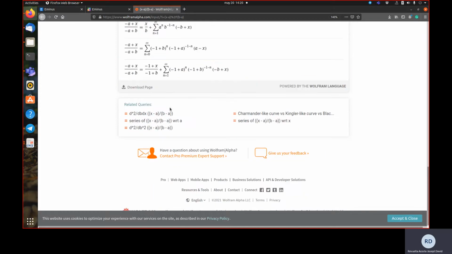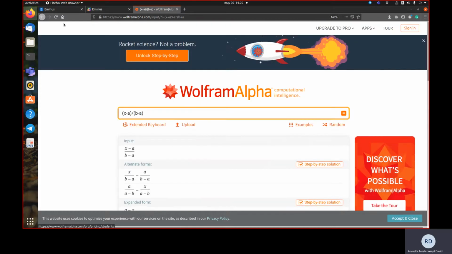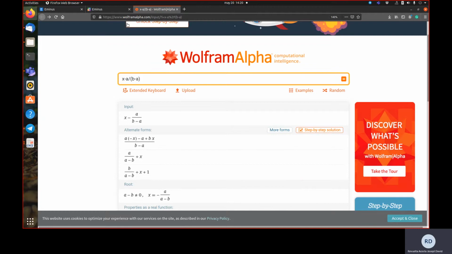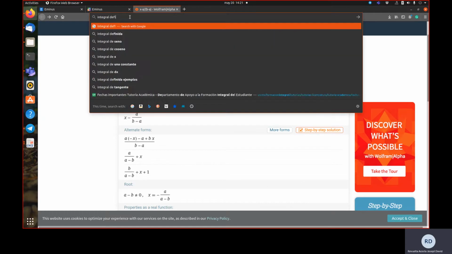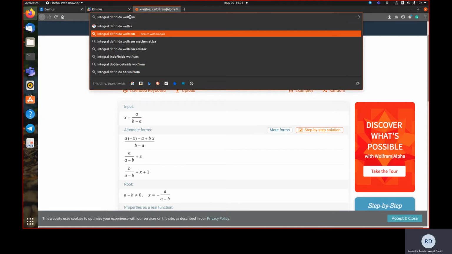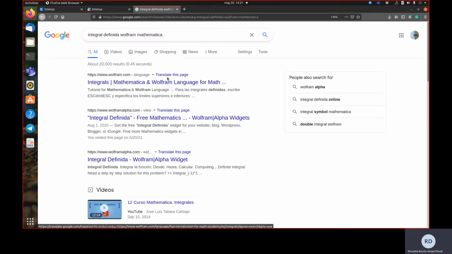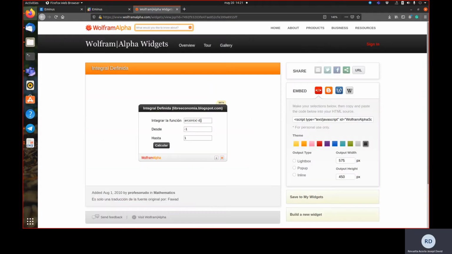Oh, this is not the one I was looking for. Give me a second. So, definite integral, we can put it like this in Wolfram Mathematica. I think this should be the one. Yeah, this is the one.